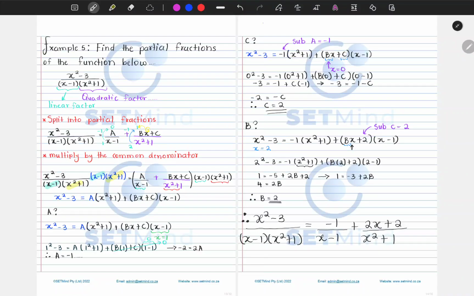This is our answer split into its partial fraction form. I hope you understand. Let's go to example number 6.